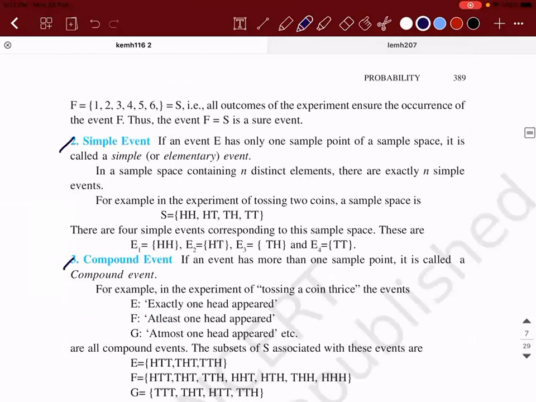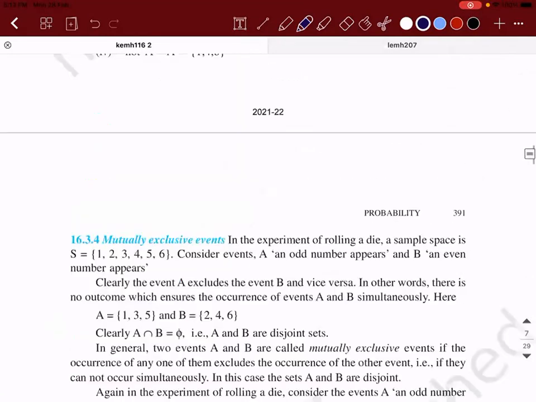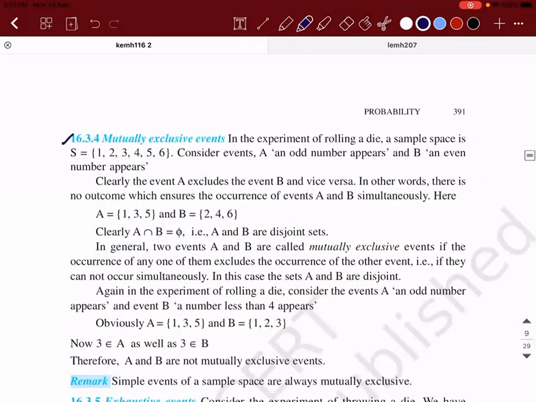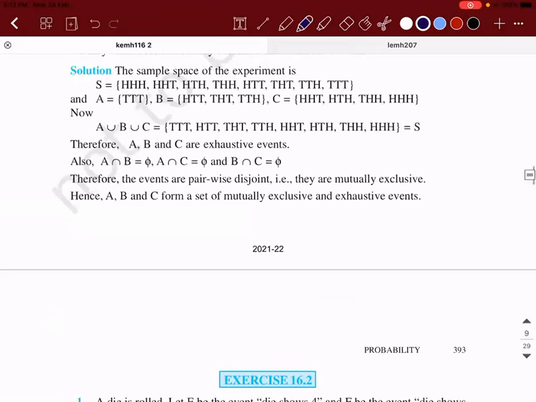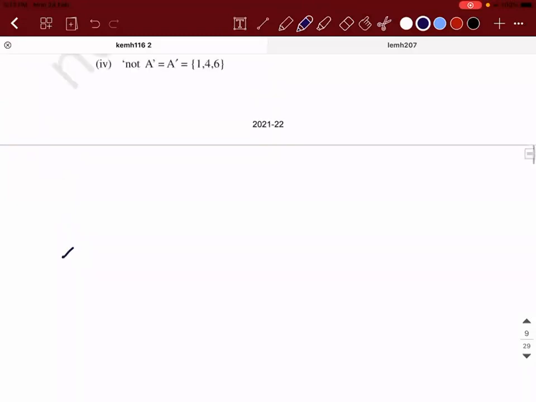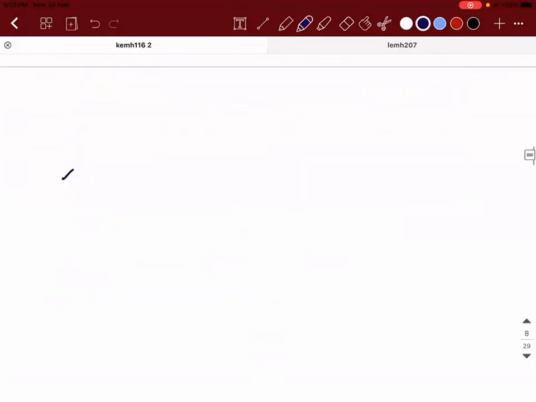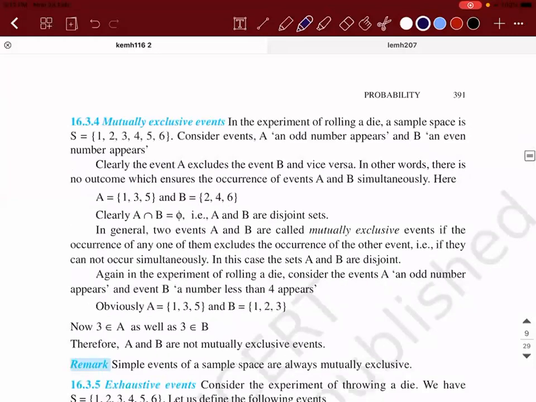Then you have something called a simple event and a compound event. The most important of everything is this one: mutually exclusive and exhaustive. What is the difference between these two? This is what I want. For tossing a coin, whatever the first output is, it doesn't affect the second one, right?